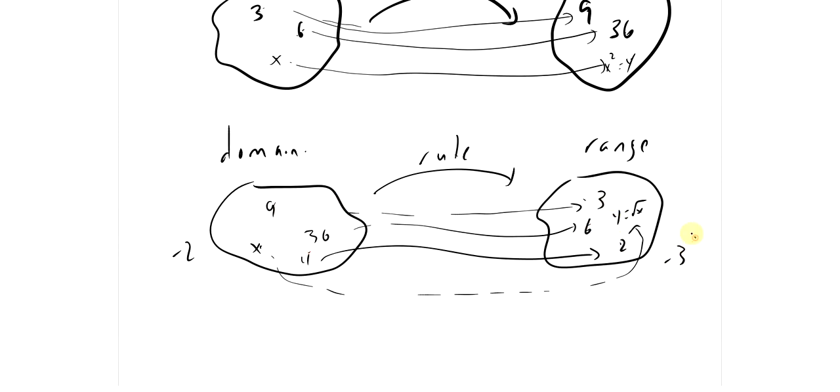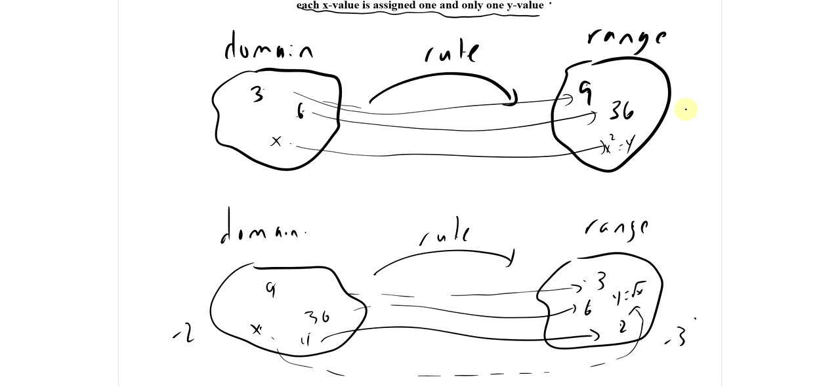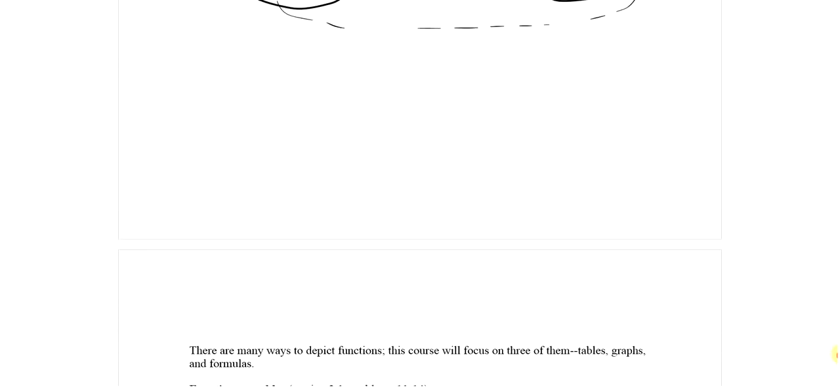The rule will never give you minus 3. So the domain and the range might not be all numbers, right? The domain for square root doesn't include negative numbers, and the range for square root also doesn't include negative numbers. Note, incidentally, minus 3 is outside of the range of the squaring function too, right? If you take numbers and square them, you'll never get minus 3. So domain and range, they don't have to be everything, but sometimes they are.